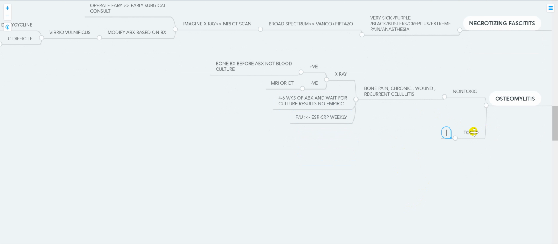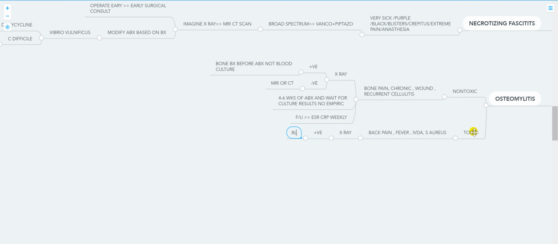What if it's toxic, hematogenous, or vertebral? Okay, usually they have back pain, fever, plus there's IV drug abuse history, and it could be suspected Staph aureus. This is a dangerous bug. How do you manage that? You do X-ray first. If the X-ray is positive, then you don't need to do more imaging.